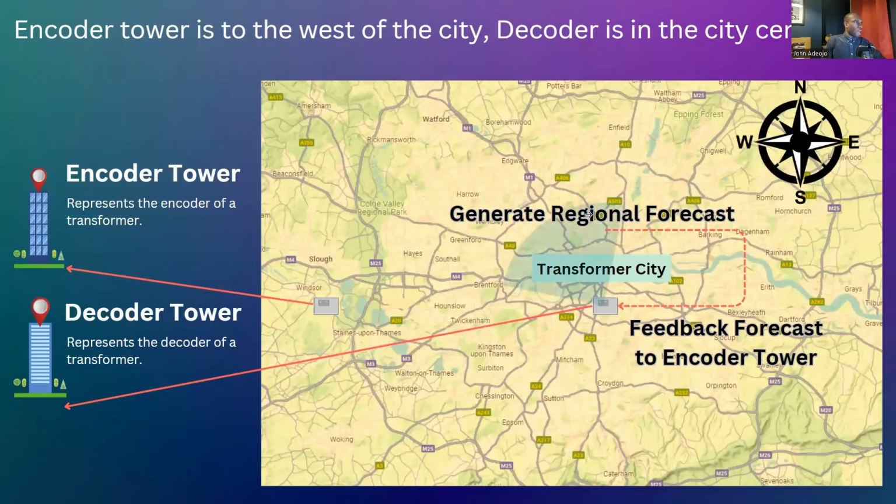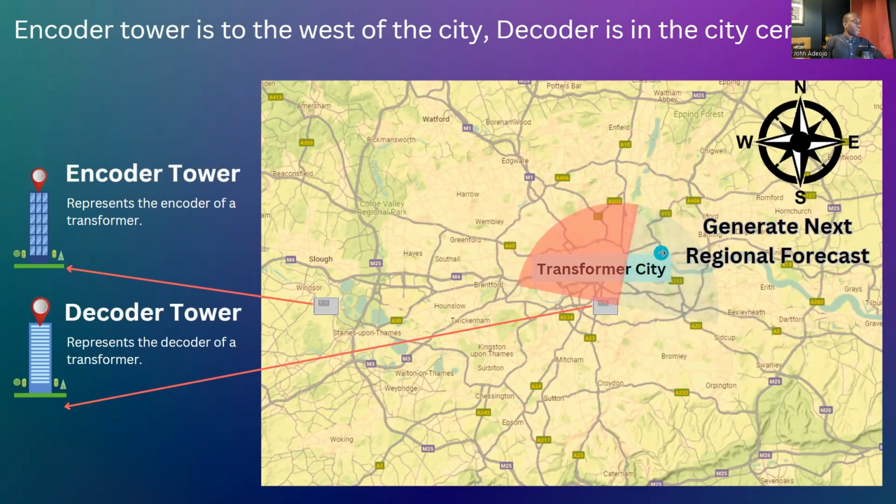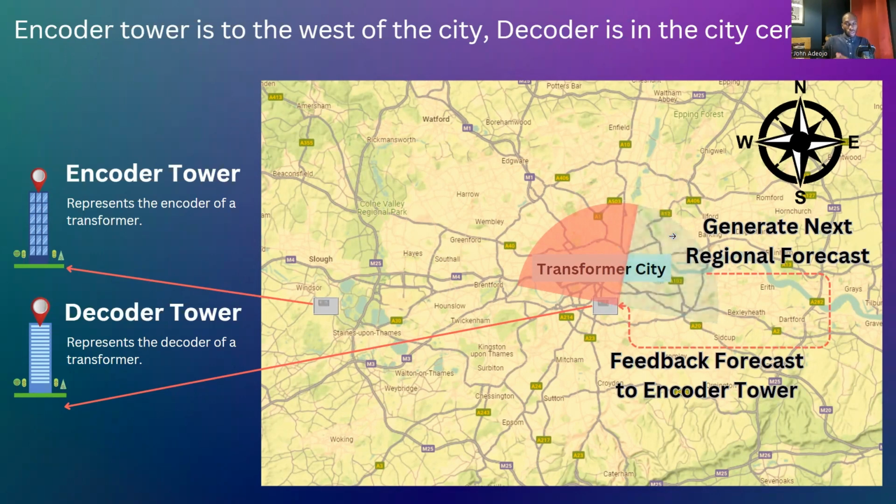Now, what's interesting is that weather forecast is then fed back into the decoder tower. And then it's used to generate another forecast, which is slightly more east of the original forecast. So the weather forecasting that happens in the decoder tower happens from west to east incrementally and sequentially.